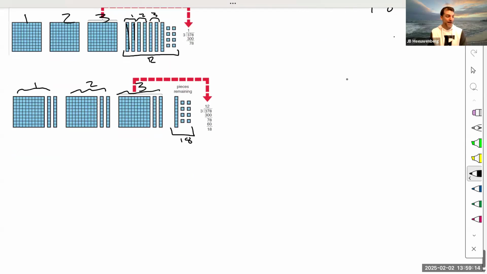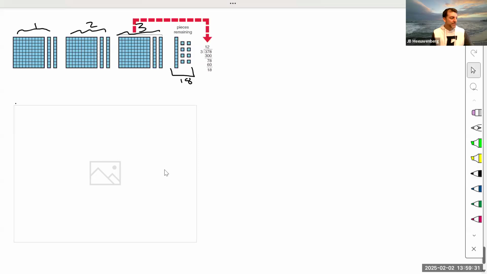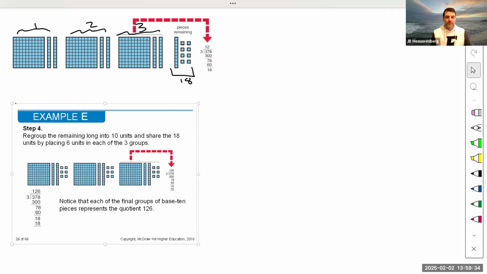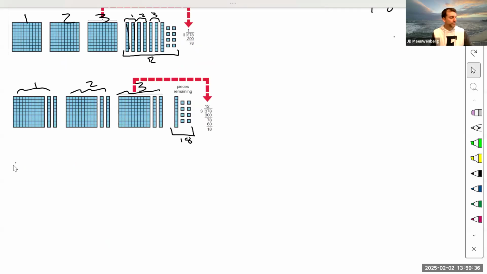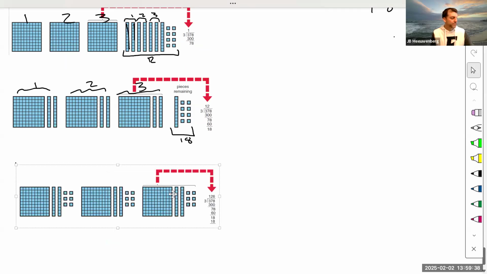So then our last step is to take these remaining pieces, 18, and put them into 3 separate groups. We're taking 18 and dividing them into 3 separate groups. What is that going to look like with our base 10 pieces? Actually, let's do this. It's going to look like this.